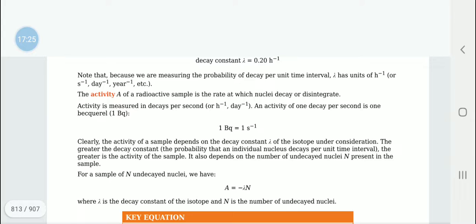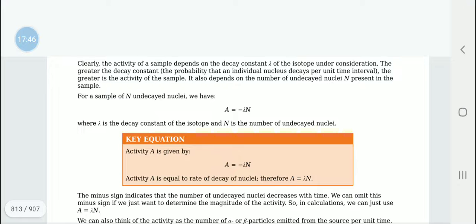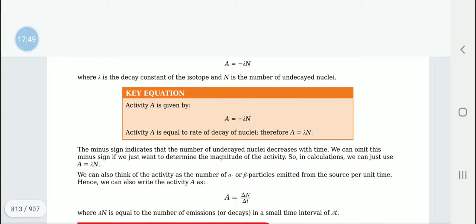As a result, we can get an equation for activity. For a sample of N undecayed nuclei, we have A = -λN. The negative sign comes because the number of undecayed nuclei is going to reduce. Here λ is the decay constant and N is the number of undecayed nuclei.